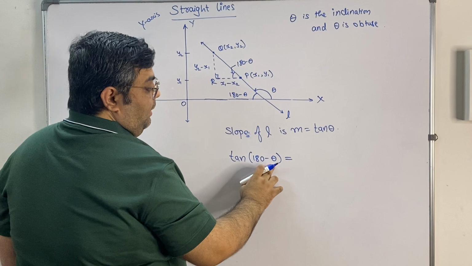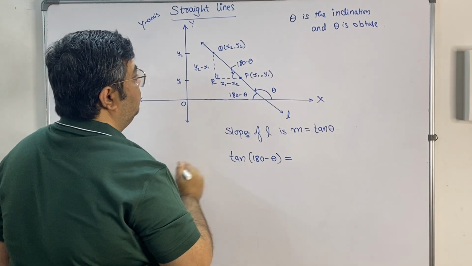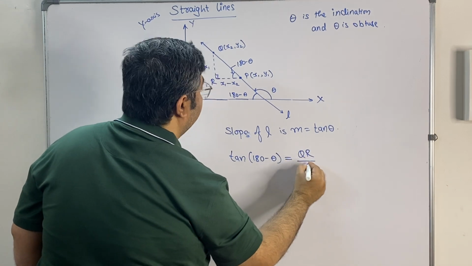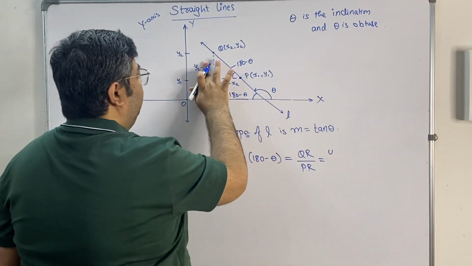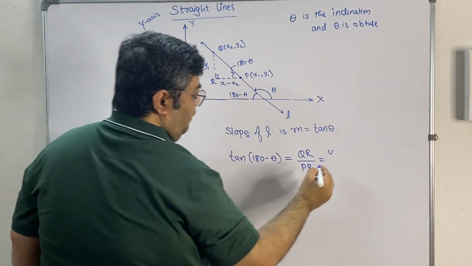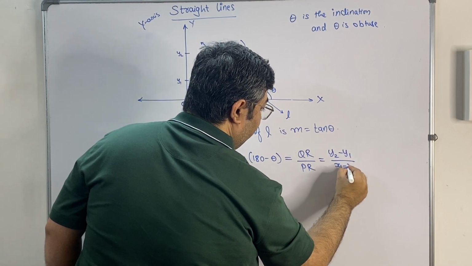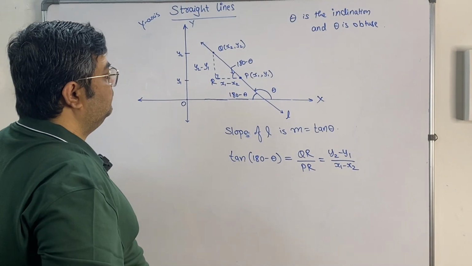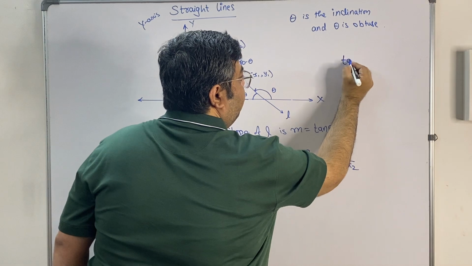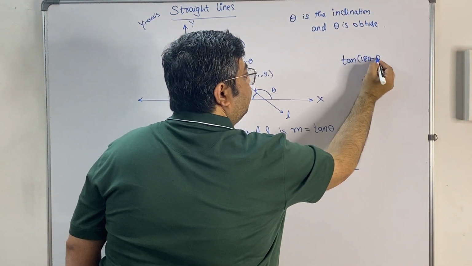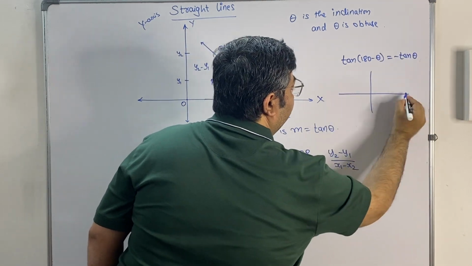So tan 180 minus theta in this case, again it is opposite over adjacent, so it is QR over PR. That is y2 minus y1 over x1 minus x2. But tan 180 minus theta is minus of tan theta. This lies in the second quadrant.